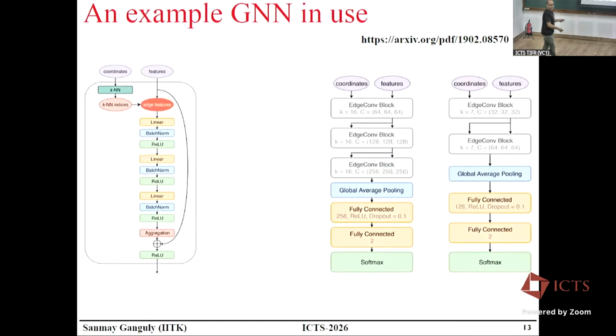Graph means that you have connected all the particles in some manner. That's the k nearest neighbor algorithm. So now you have to decide what the distance metric is. Typically what people do is take the eta phi coordinates and compute the Euclidean distance. And now that you have the Euclidean distance, given a particle, you connect, say, your 5 nearest neighbors. That's the KNN algorithm.